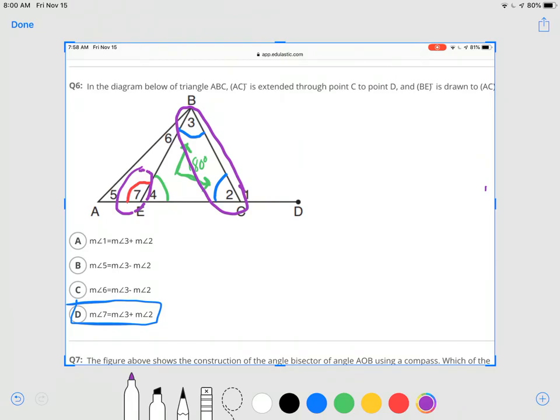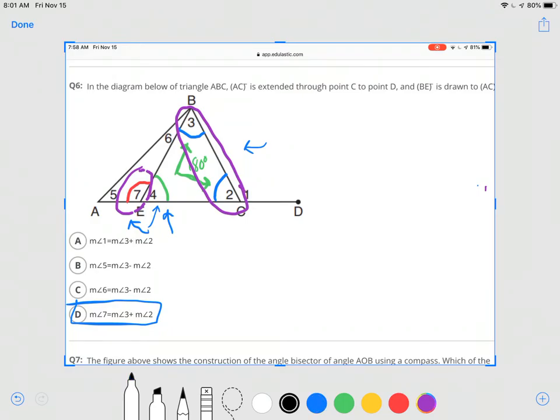And we've used this logic a couple times before. If an angle, in this case angle 4, is supplementary with two different angles, then the two different angles are congruent to each other. Whatever number makes 7 supplementary with 4, 2 and 3 added together have to be that same number. So that's why it's D.